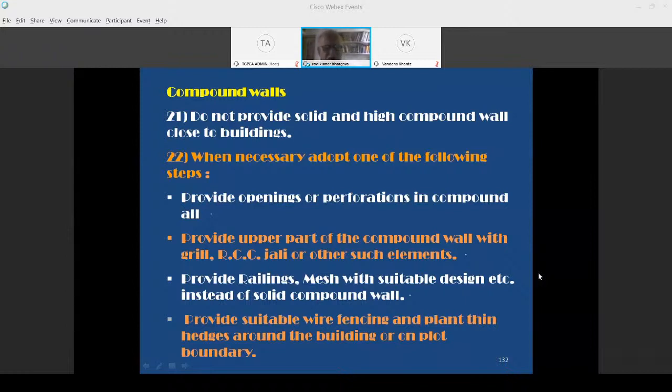Because in other parts of the world, no doubt, horns are there in the vehicle, but they are very rarely used, in emergencies only. Whereas we are using horns very frequently. So our streets generate a lot of noise.